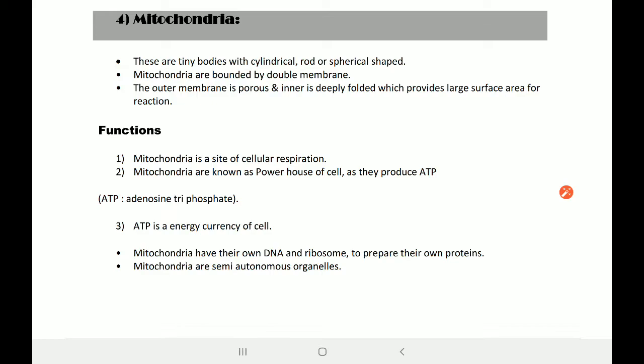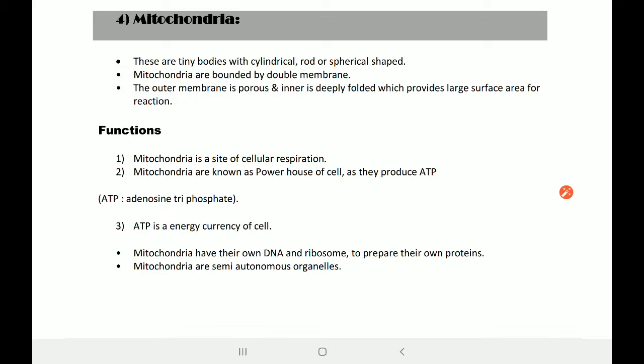ATP is like a currency of the cell. Just as we use money, the cell uses ATP as and when it wants to move or work. ATP is a currency of energy, and mitochondria produce it.